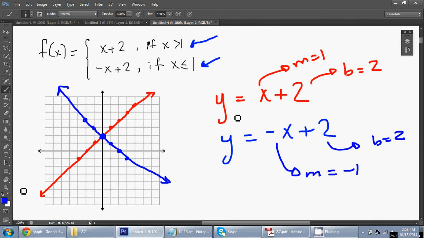Now, after you've graphed both of these graphs, you can think about what the parameters are. In this first example, they say only do x plus 2 when x is greater than 1.